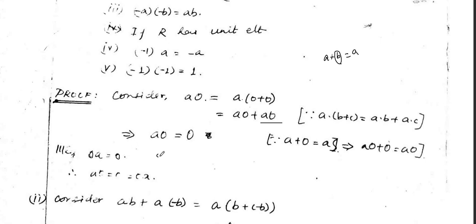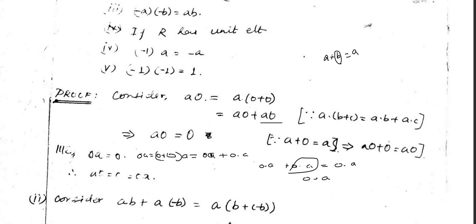You can similarly write the 0 as 0 plus 0, so 0 into a, and by the distributive law you can have it as 0a plus 0a. Again, 0a plus 0a giving back 0a means whatever we have here should be the additive identity.